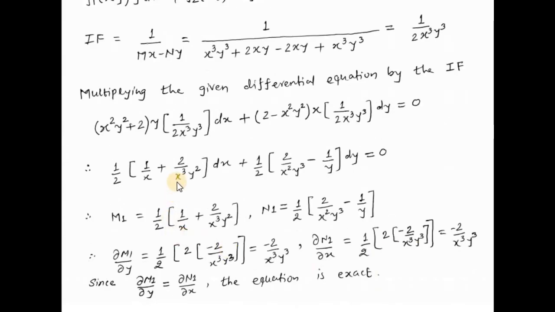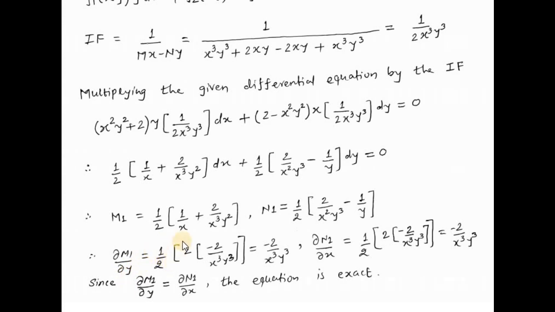Now comparing this equation again with M1 dx + N1 dy = 0, M1 will be 1 by 2 times (1/x + 2/(x cube y square)), and N1 will be 1 by 2 times (2/(x square y cube) - 1/y). Now we have to find del M1 divided by del y.